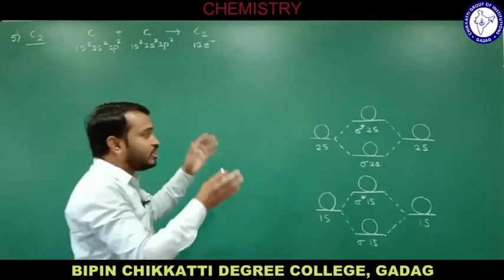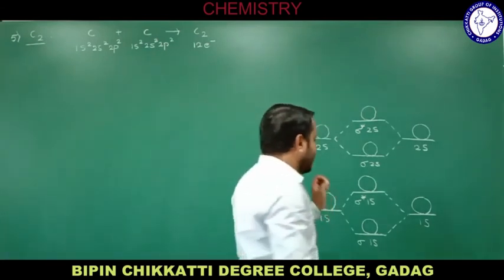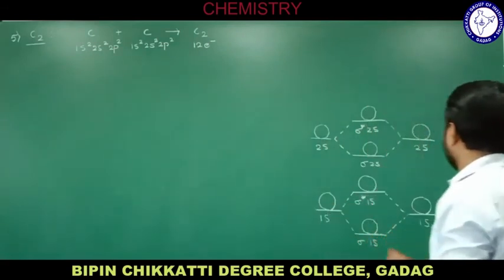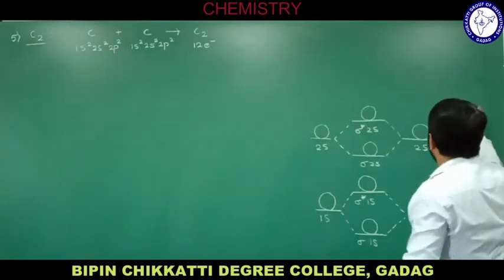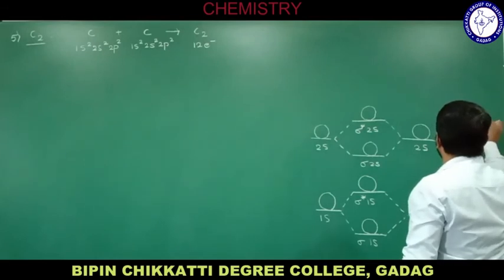You need to consider 2p also. So since 2p atomic orbitals are going to be involved, let me draw above, because as we know energy will be moving in this fashion.